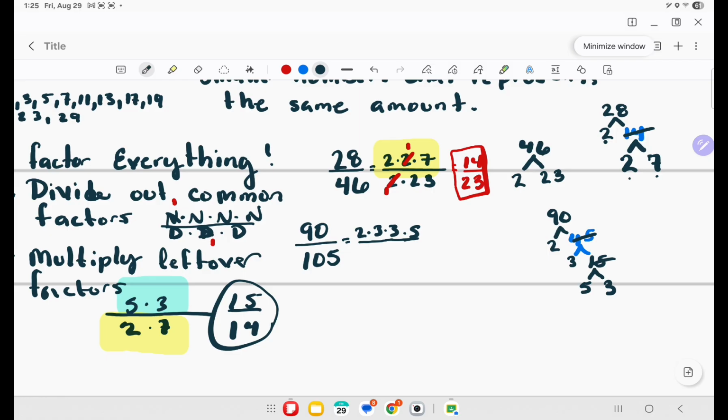And we do the same thing to 105. I'll give you a hint. 2 won't work. That'll give a decimal. But 3 sure will.